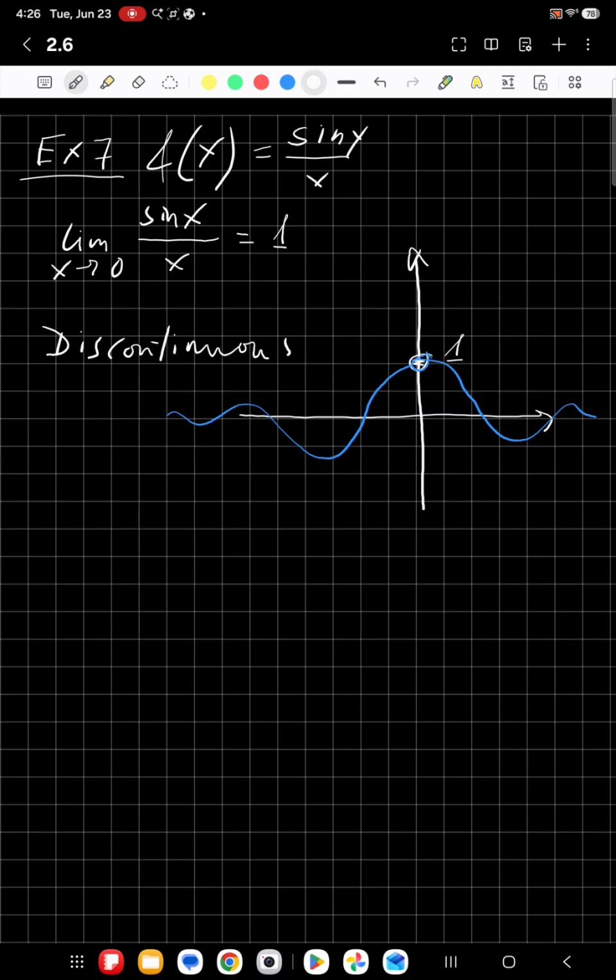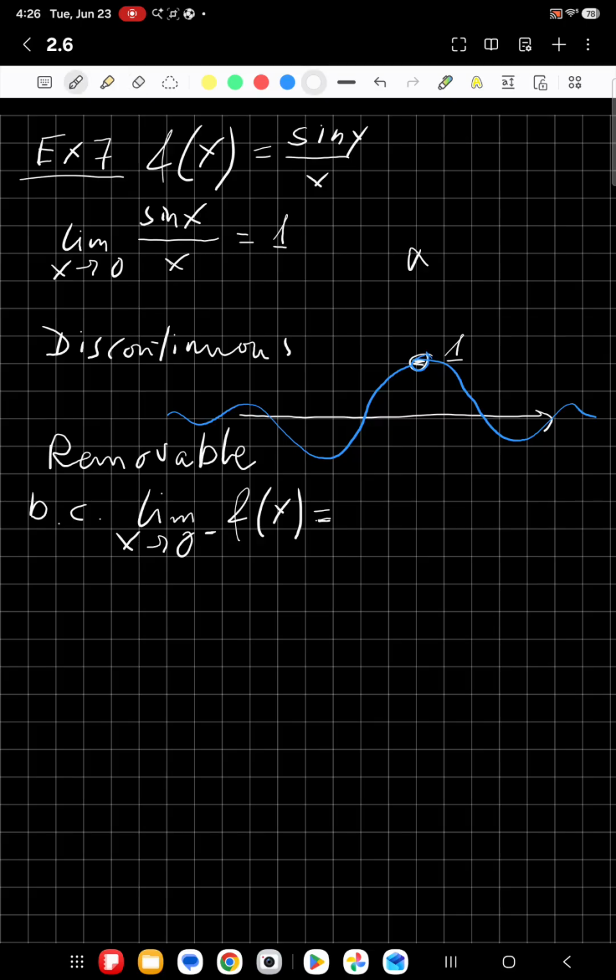And now again, is this removable or non-removable? Well, it's removable because the limit with x approaching 0 from the left of f of x is the same as the limit with x approaching 0 from the right of f of x.